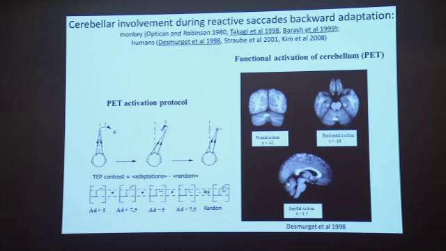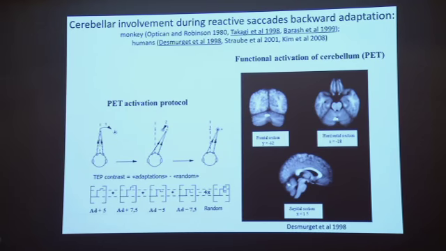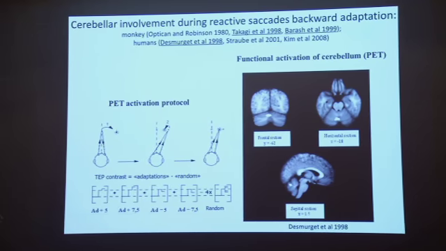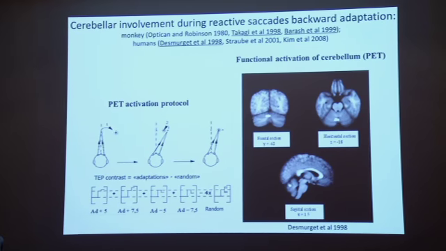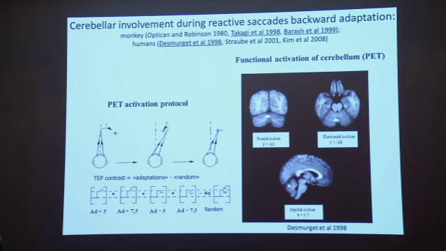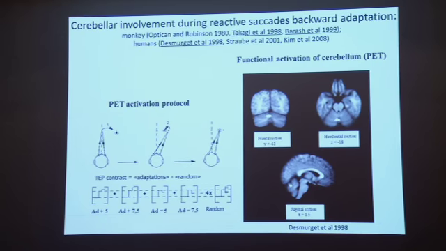But just before the neurophysiological hypothesis, I will just mention that, as for other types of motor adaptation, the cerebellum is really important for saccadic adaptation. I already mentioned that when I talked about Optican and Robinson data in the monkey.